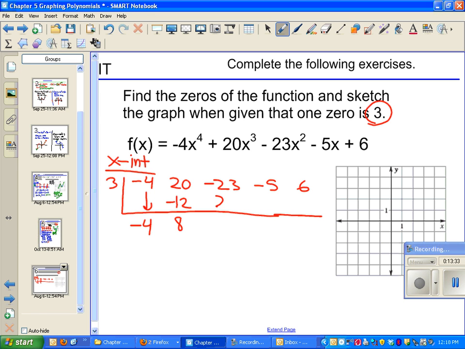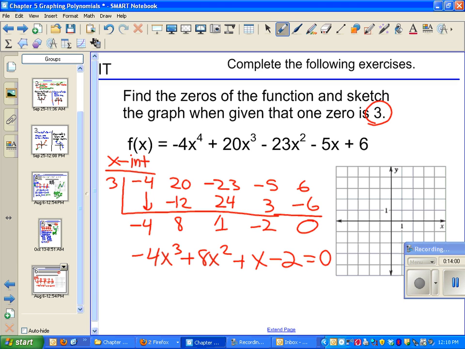I multiply to get positive 24, I add to get 1, I multiply to get 3, I add to get negative 2, multiply to get negative 6, and so it definitely is a factor, or a 0, because the remainder is 0. And then I write what I have left. So it's 1 degree less, so I have negative 4x cubed plus 8x squared plus x minus 2.